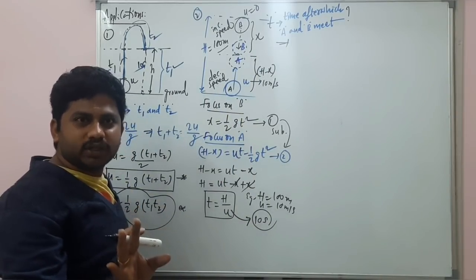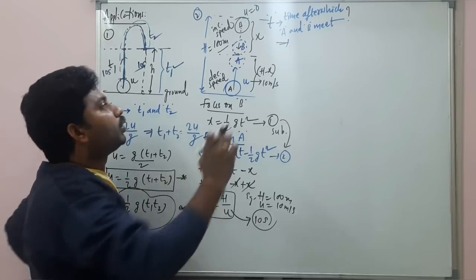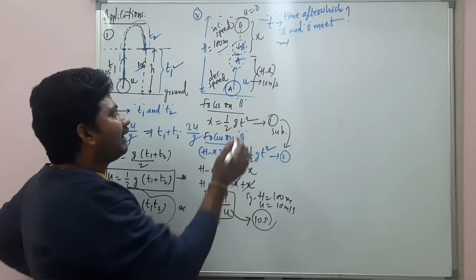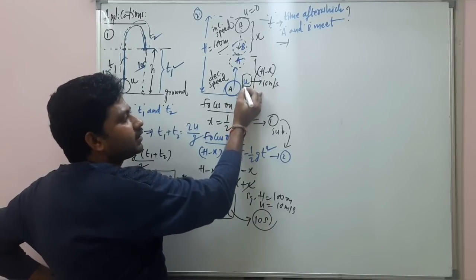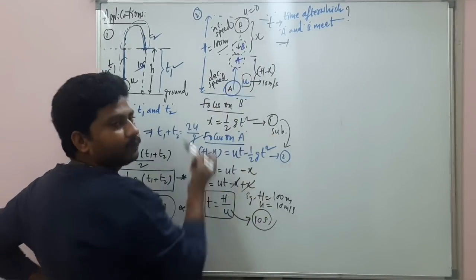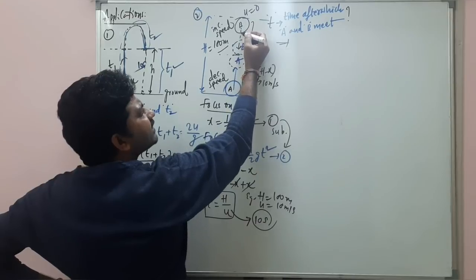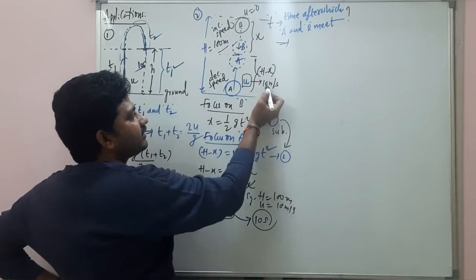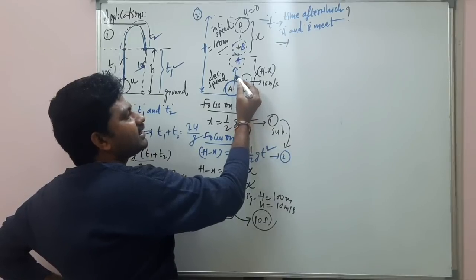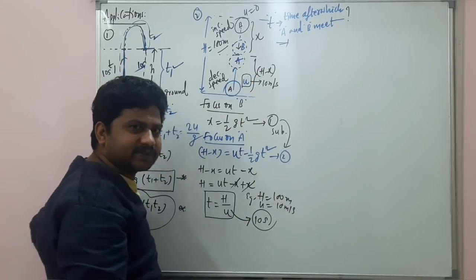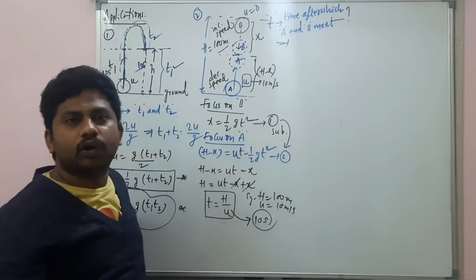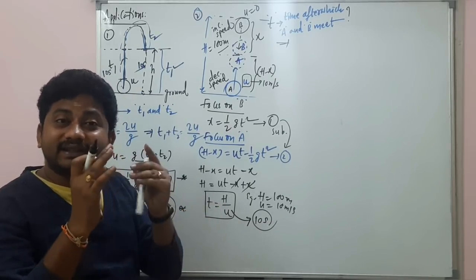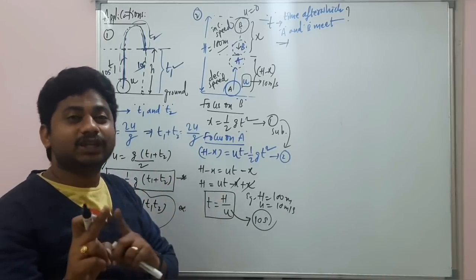Whatever may be the situation, after some time both speeds will be equal. Understand? Imagine this speed is 10 meters per second and this is 0. The 0 will increase to some 5 meters per second. So this 10 also decreases and becomes some 5 meters per second. And after some time, the velocities will be equal, right?